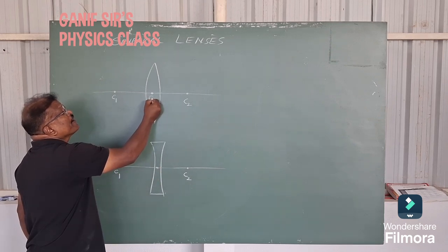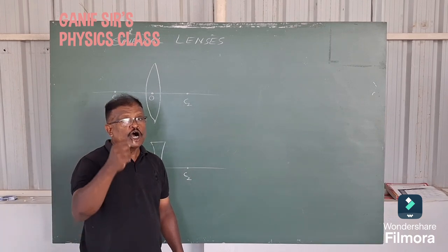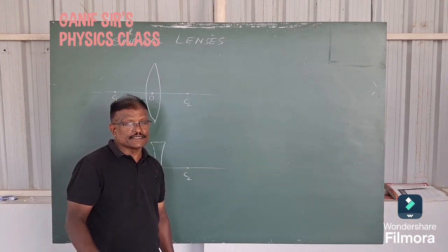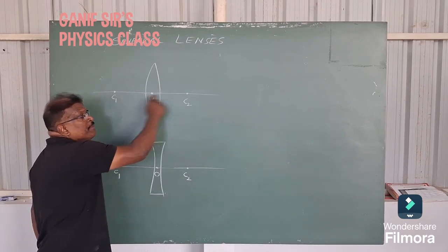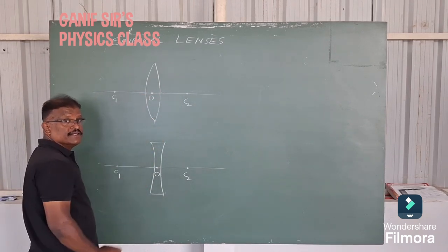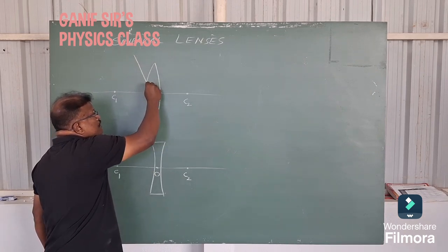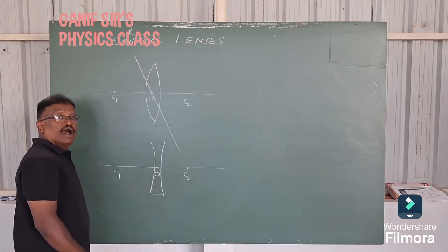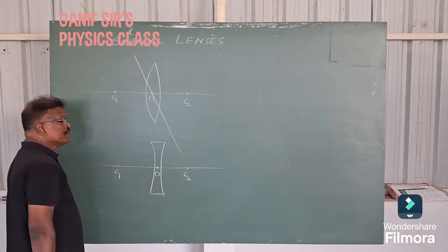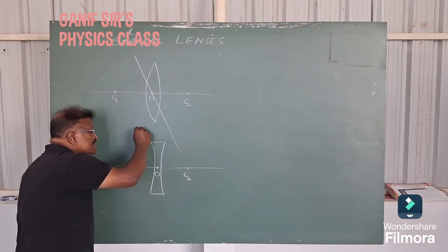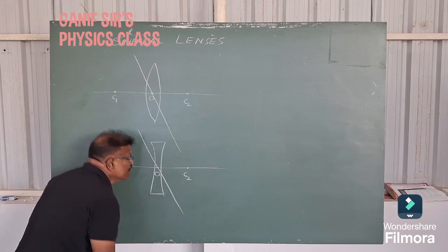And there is another thing, a point inside the lens. I call that point O. O means optic center or optical center, a point which lies on the principal axis within the lens, such that any ray passing through that point will move undeviated.